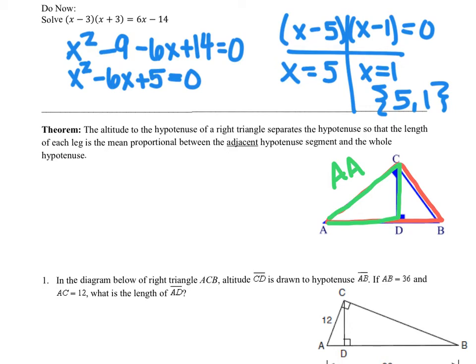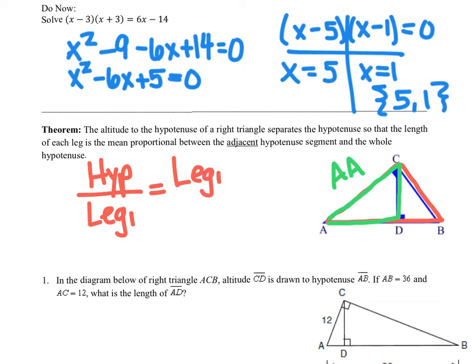So since those triangles are similar, we can set up a proportion using their side lengths. The ones we'll focus on today are the hypotenuse, one leg, which is going to show up twice in the proportion, and then one segment.